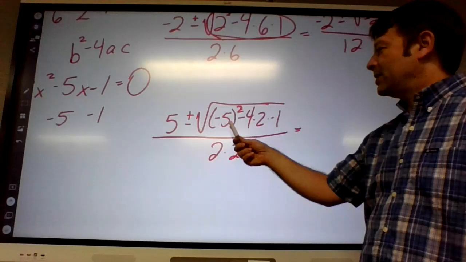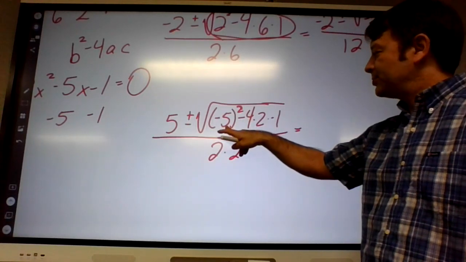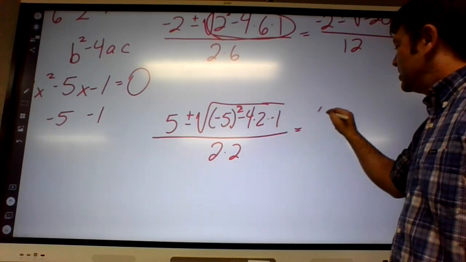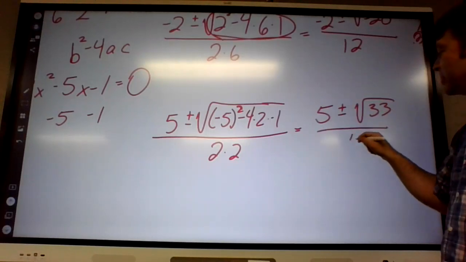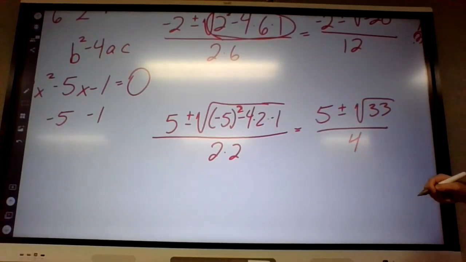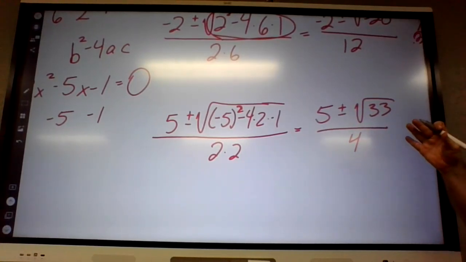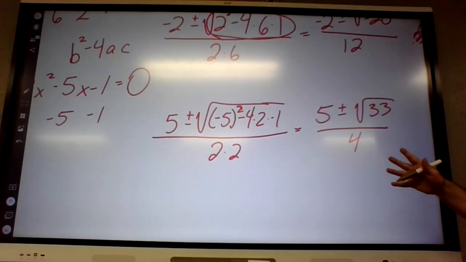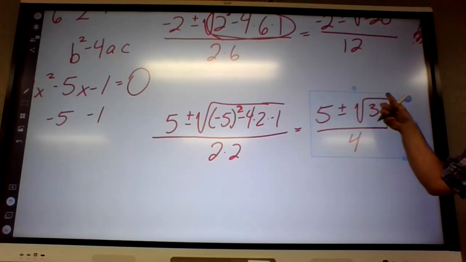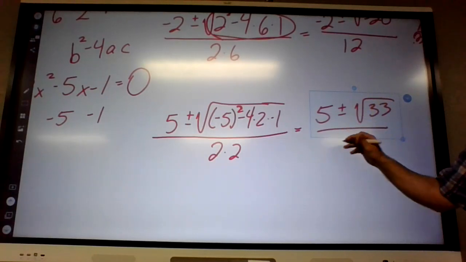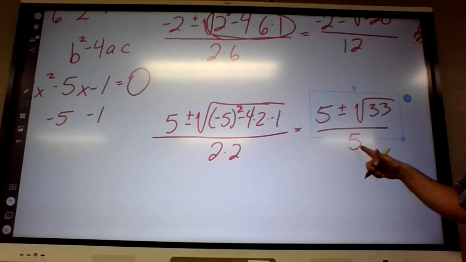If you like it, you probably get it right. So this is 25 plus 8 is 33. If it's the square root of 33, what can we do with this? The answer is nothing. That's why we're confused. This doesn't simplify in any way. By the way, if this had been a 5, does that simplify?